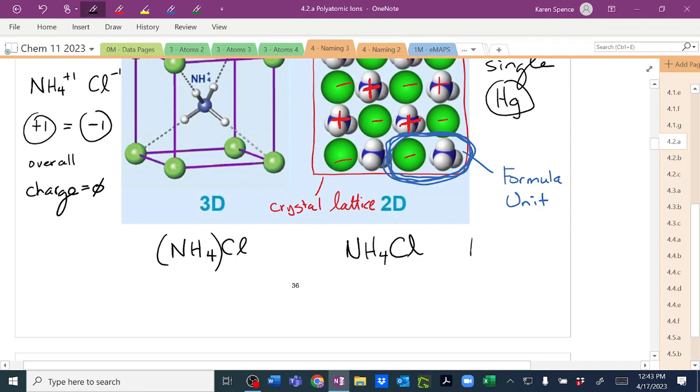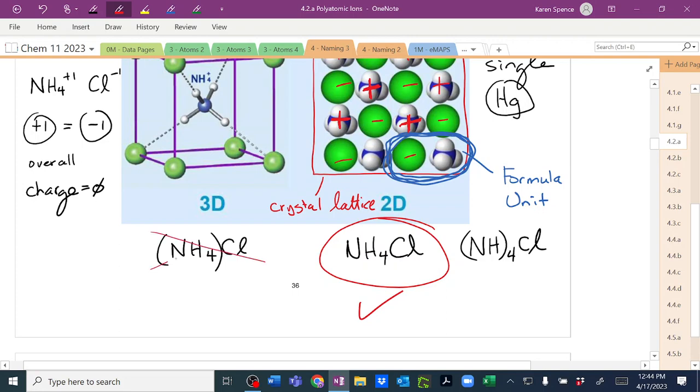Oh, I'll give you another choice. Which of those three is correct? Okay. We only use brackets if we have more than one of a particular polyatomic ion.